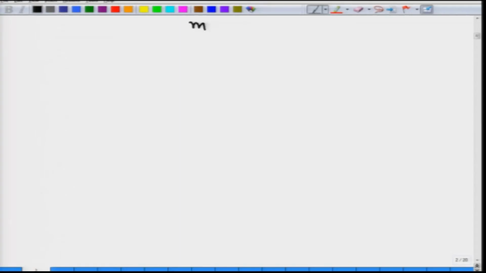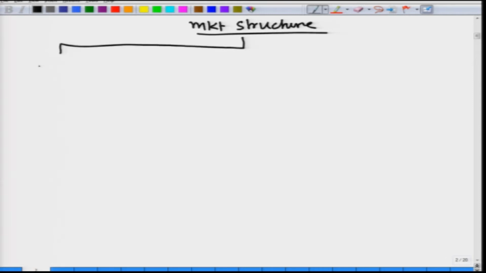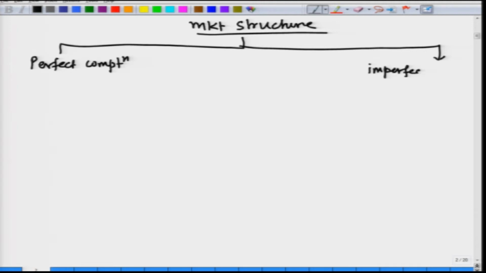If I broadly characterize it as perfect competition and imperfect competition, under perfect competition we already know that firms are price takers. So, P is taken as given.